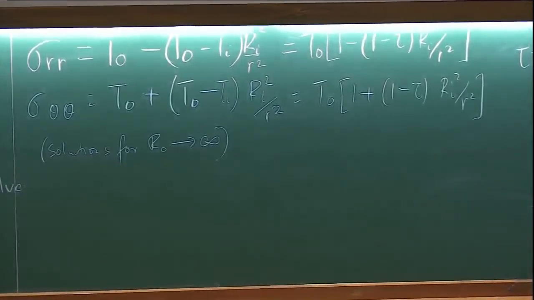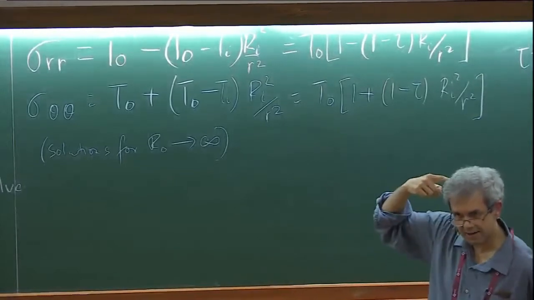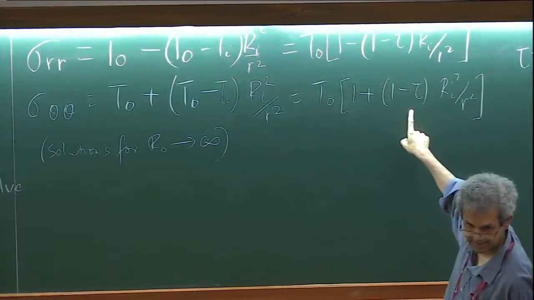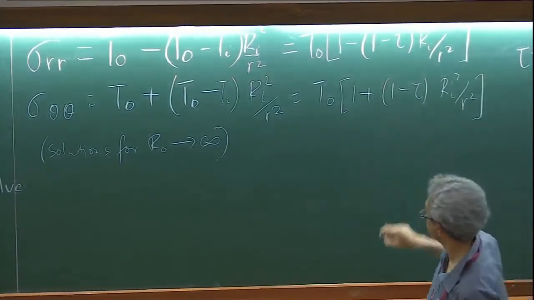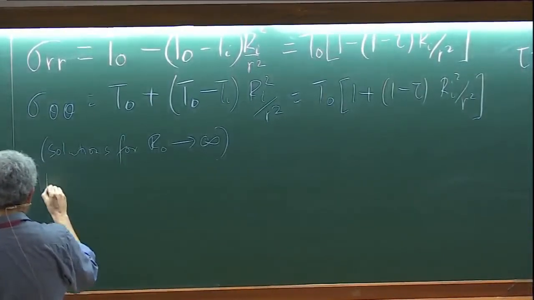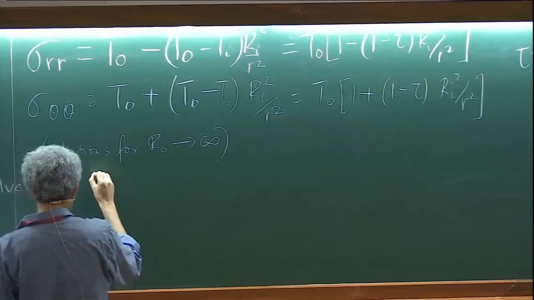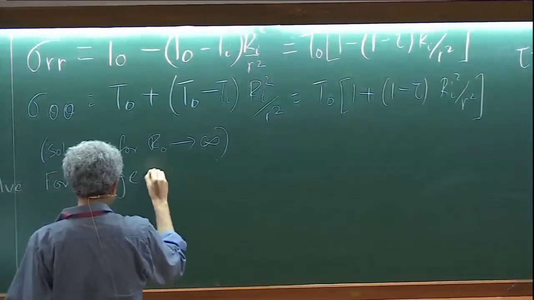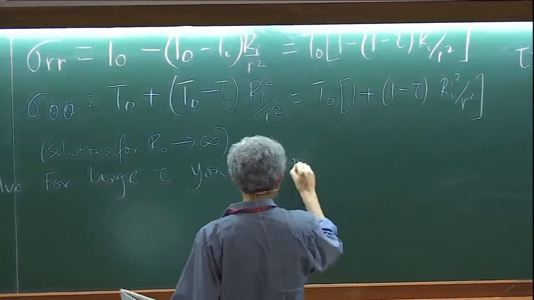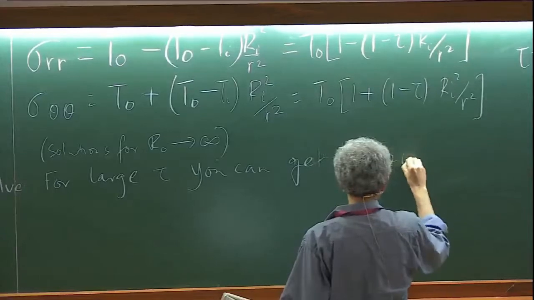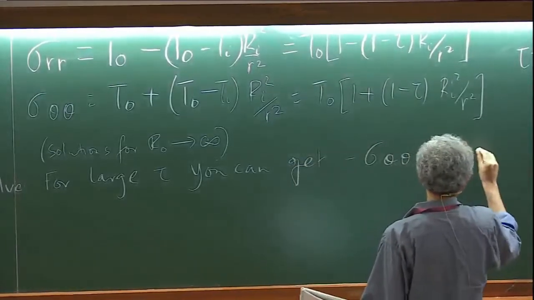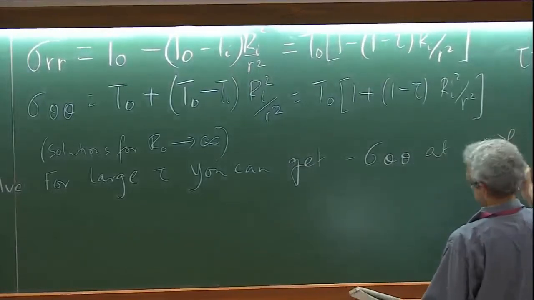So you can begin to see already in the algebra what you saw by common sense here. This thing is trouble, right? This thing can turn negative, all right? So for large tau, you can get negative sigma theta theta, at r bigger than some values.